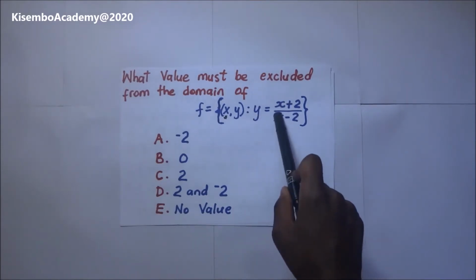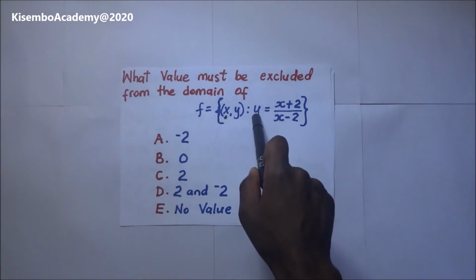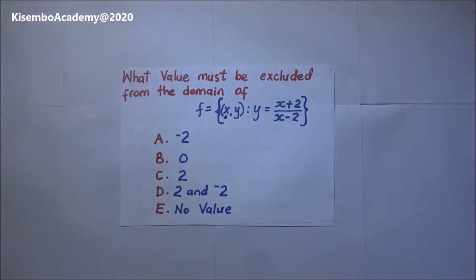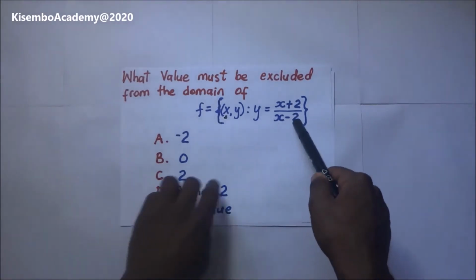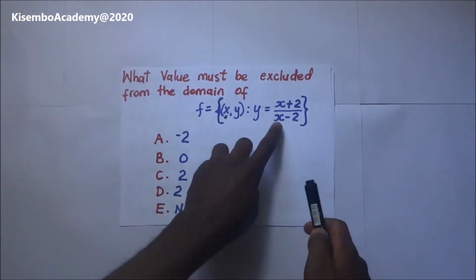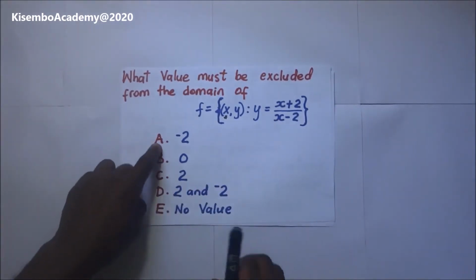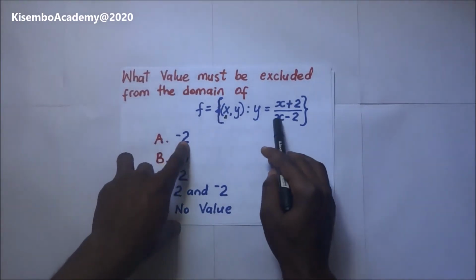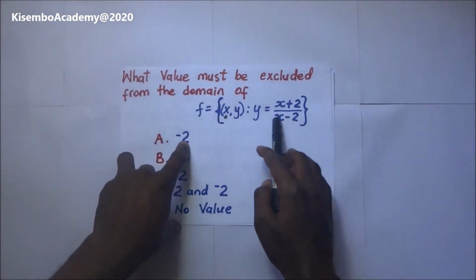So the value of x that we are going to feed in here is supposed to be such that it produces a value of y that is a real number. But if you look at this expression, y is equal to x plus 2, divided by x minus 2. Let's say, if you look at part A, negative 2, if we put negative 2 here, it's going to give us negative 4 in the denominator.